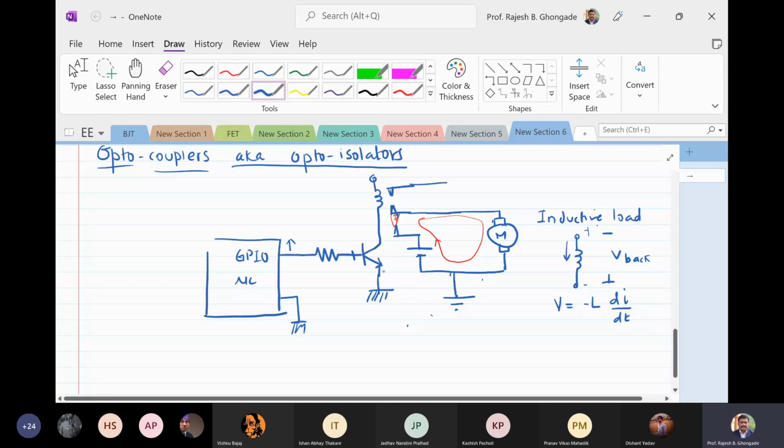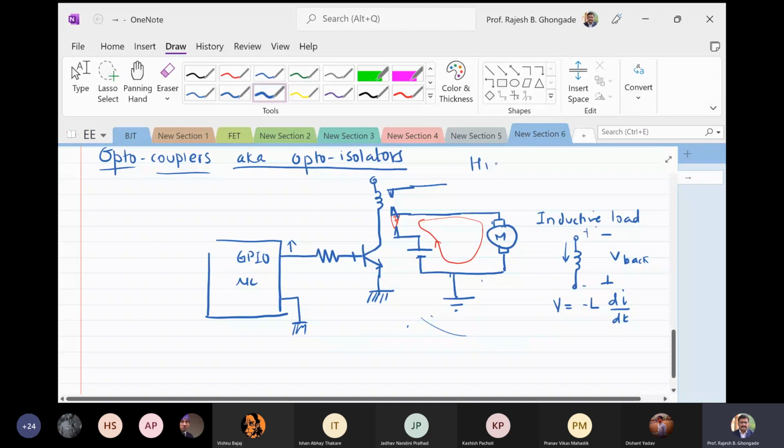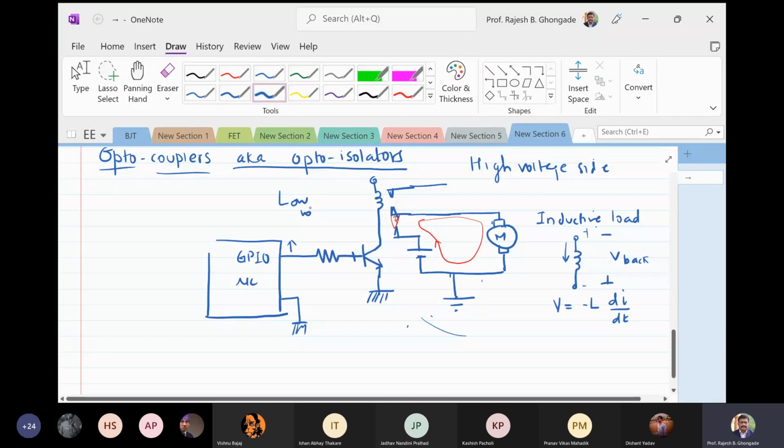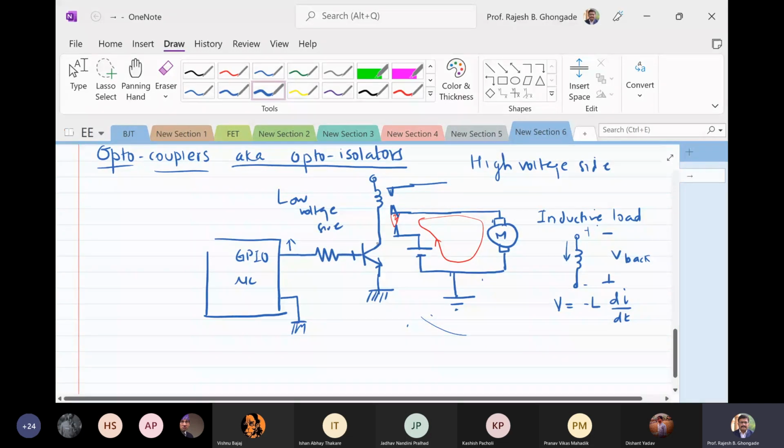So this part of the system is normally called the high voltage side. Your motor can be run by a different supply, it can be even AC, which is 230 volts and so on. And this is the low voltage side. So if I want to isolate this, I have to make the grounds separate.